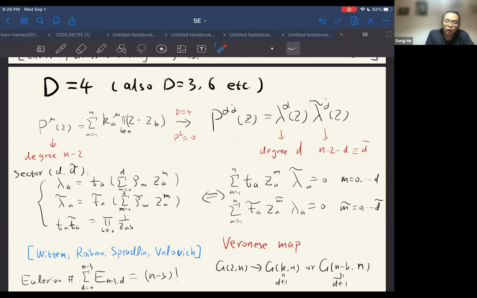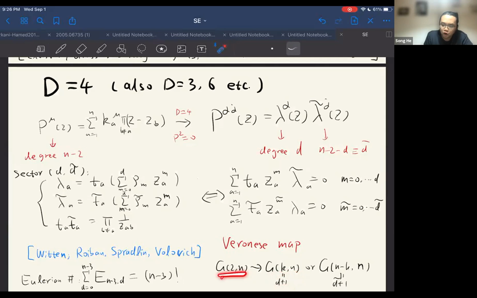So your scattering equations now fall into different sectors, labeled by d, the degree of your twistor string rational map. Or you can write it as this Veronese map, which maps from G2n to G(k,n), where k is just d+1.